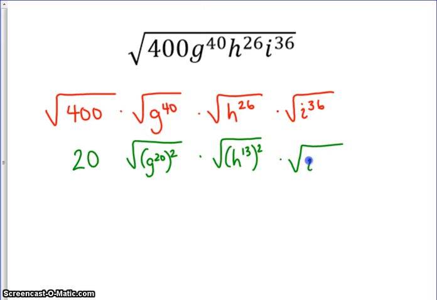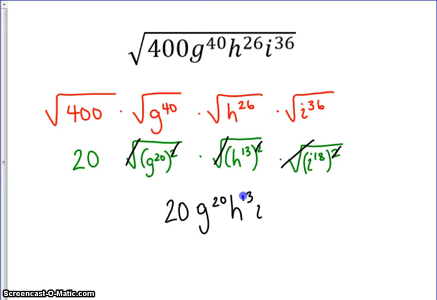And the square root of i to the 36 would be i to the 18th to the 2nd power. All right, so the square root and the square are inverses, so those go away. And I'm left with 20 times g to the 20th, h to the 13th, and i to the 18th. And there we go.